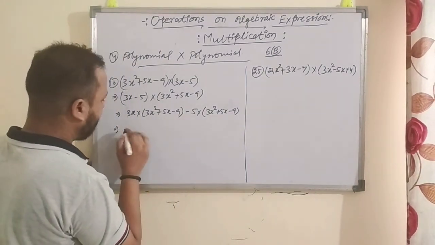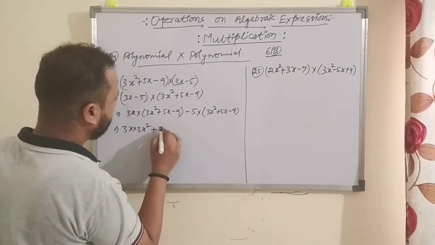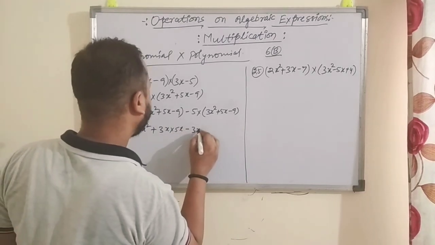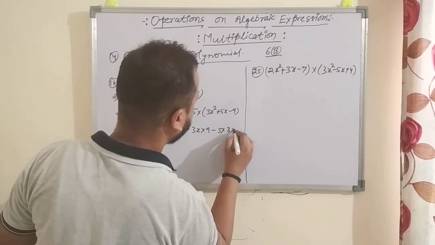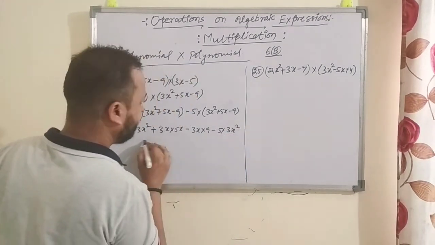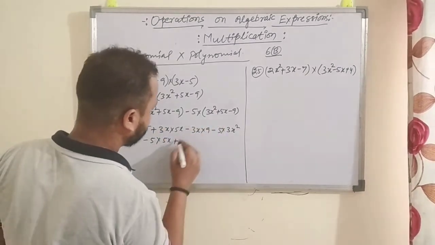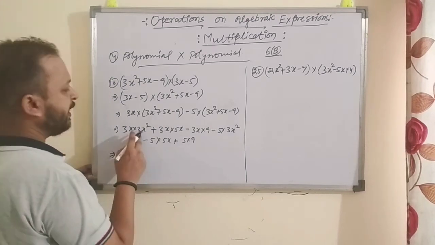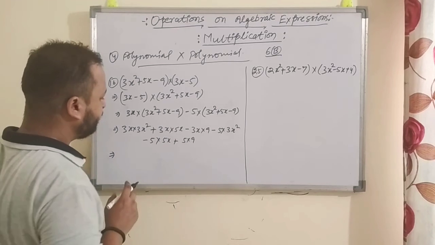Again apply the distributive law. So 3x multiplied by 3x square plus 3x multiplied with 5x minus 3x multiplied with 9, minus 5 multiplied with 3x square and minus 5 multiplied with 5x and minus minus plus 5 multiplied with 9. So first multiply the numbers, the constants, and then multiply the variables.